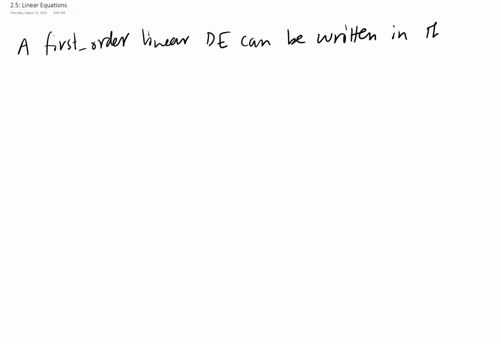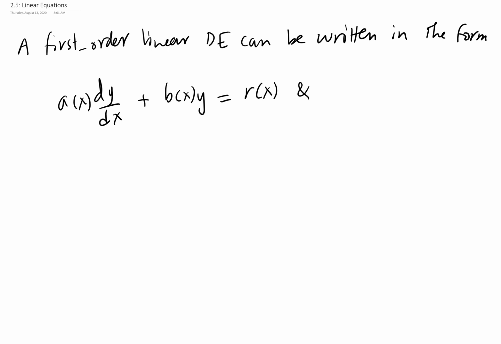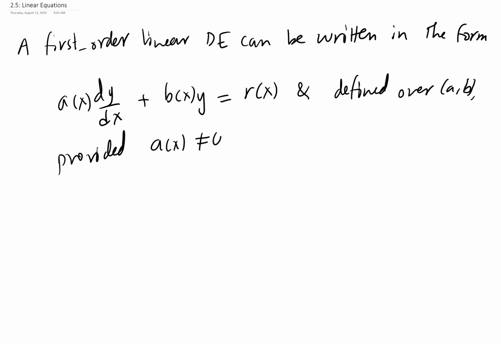We say a first order linear differential equation can be written in the form a of x dy dx plus b of x y equals r of x, and defined over the couple AB, provided a of x cannot be 0.